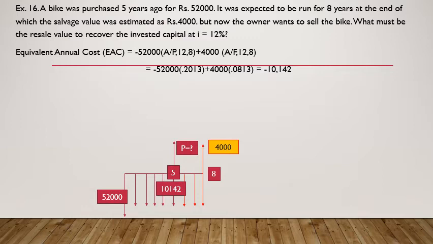The problem is I have paid 5 installments. And what is the total worth remaining in the bike? The total worth remaining is the unrecovered capital from 6th to 8th, these 3 installments, or these 3 A, which I have not yet recovered from the bike. So that is the unrecovered capital.